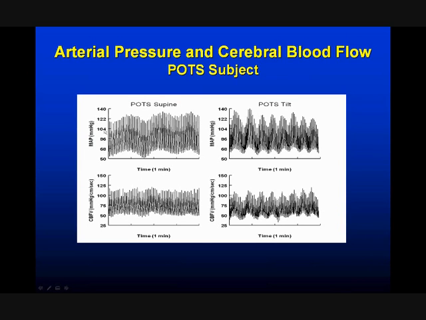notice most dramatically that the cerebral blood flow goes from being relatively steady while supine to very, very wavy, and actually seems to be in concert with the changes in blood pressure, showing that there is a synchronization of changes in the cerebral blood flow with that of blood pressure.